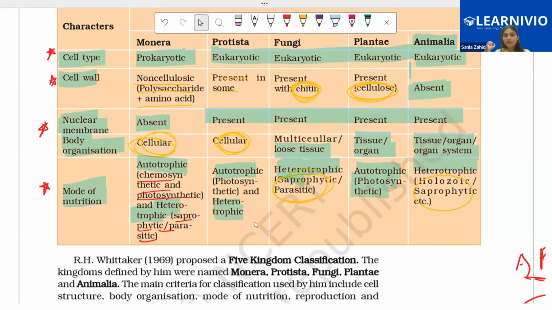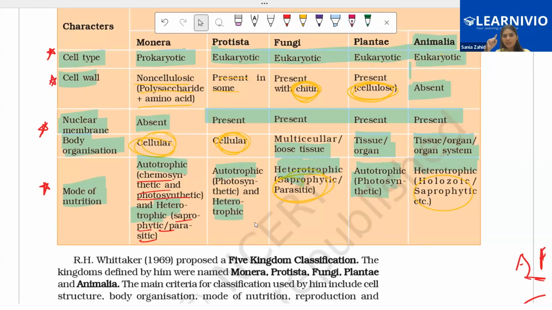Very good. Then what are the different modes of heterotrophic nutrition? Parasitic. Just parasitic, not holozoic, not saprophytic. So Monera have what kind of heterotrophic? Either saprotrophic or parasitic.